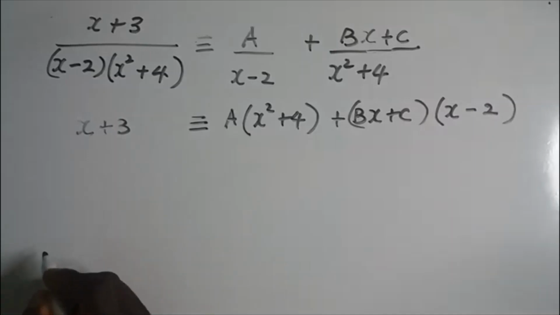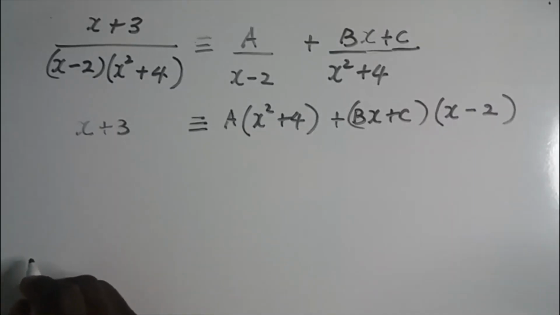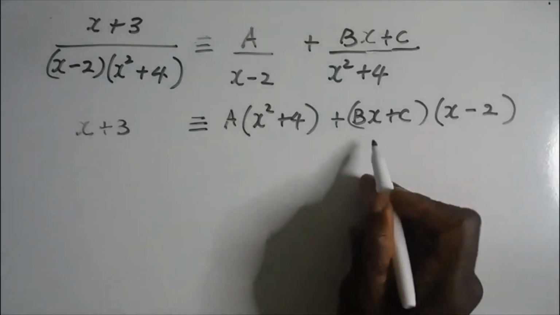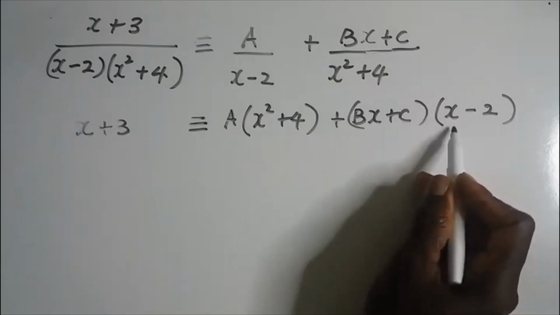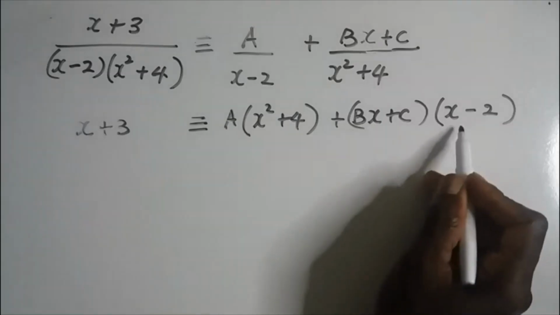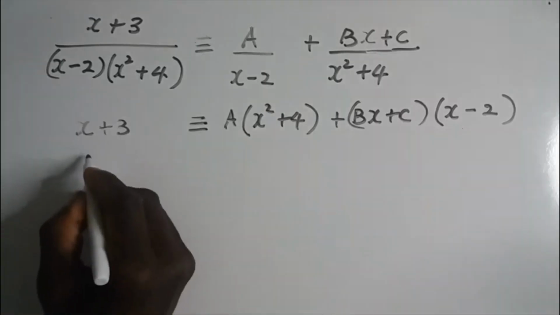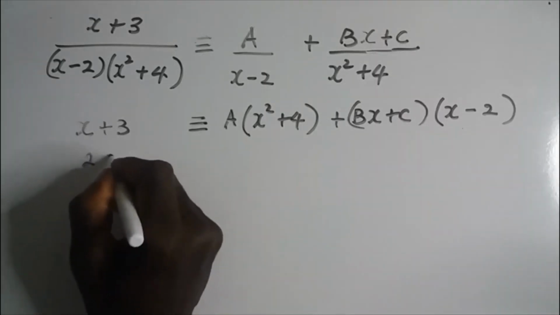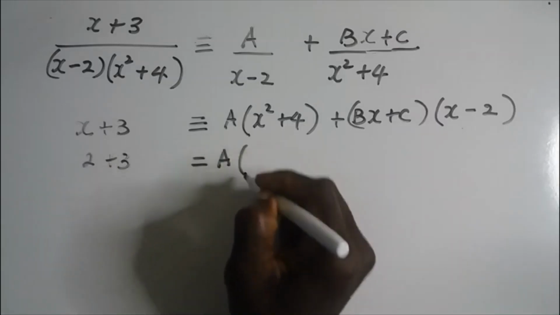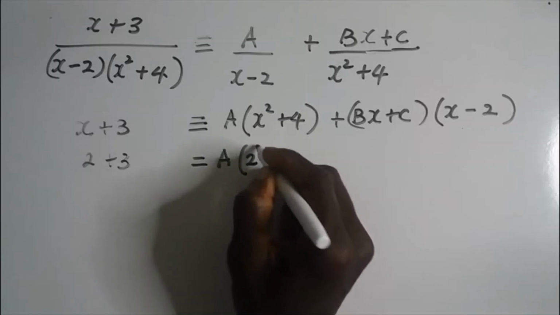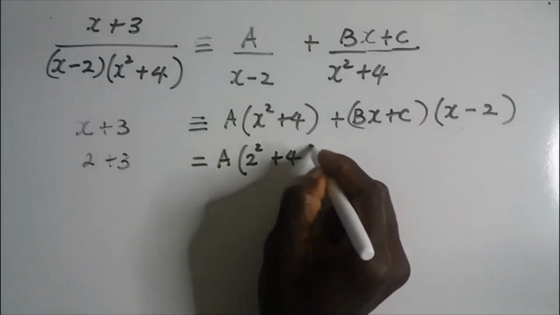And now we need to go ahead and substitute values for x to eliminate constants and find what's remaining. Now if we want to eliminate both b and c here, we can set x to positive 2, and then this will reduce to 0, and the left hand side now is 2 add 3, that's equal to a into 2 squared add 4.